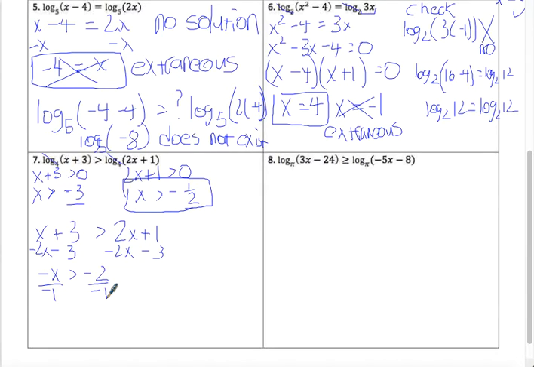Divide by -1, multiply by -1, whatever. We get x is less than 2. So we have in our solution then x is less than 2 and x is greater than -1/2. So we write -1/2 is less than x, which is less than 2.